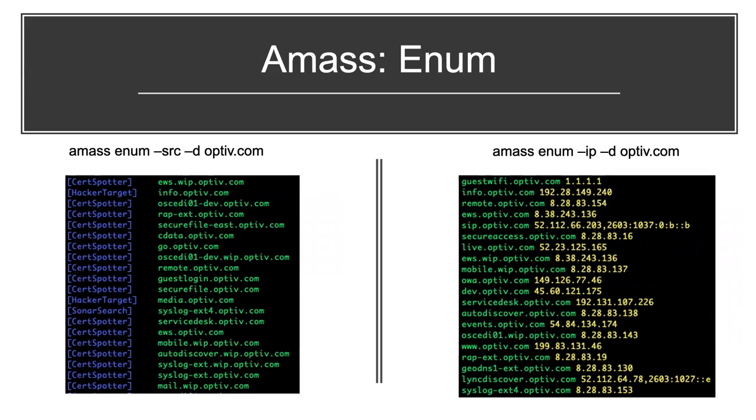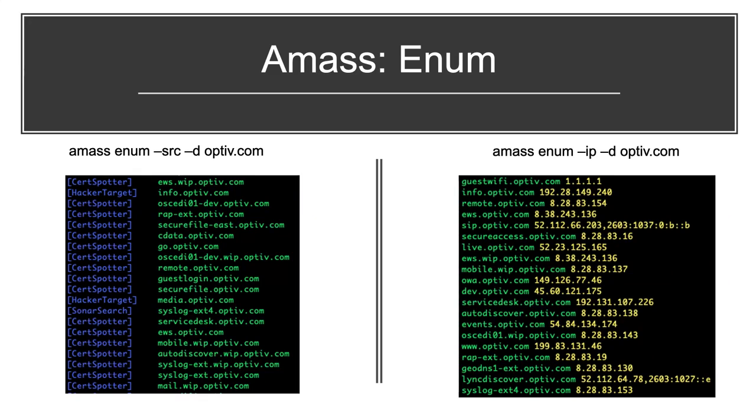Okay, then we move on to the enumeration module. So this is where we're dealing with active recon. You're going to have a much better performance improvement using this module, because the Intel portion is very, very slow. One pro tip is if you specify the no alts flag, it will disable alterations of host names.